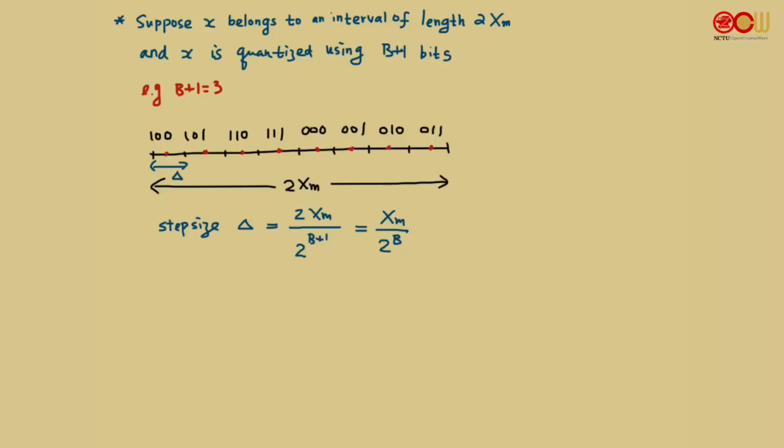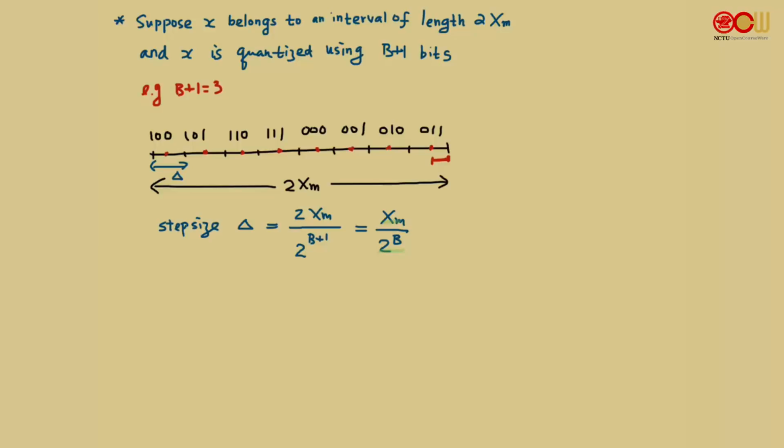It would be this much, right? Half the step size. That's the largest difference between x and the quantized version. And the step size really depends on xm and b.